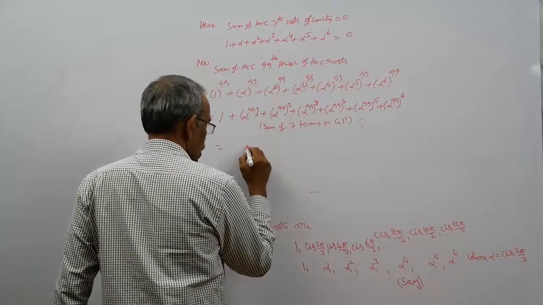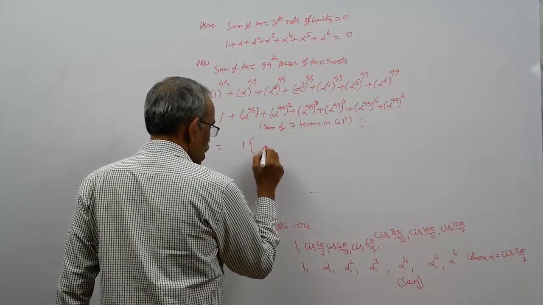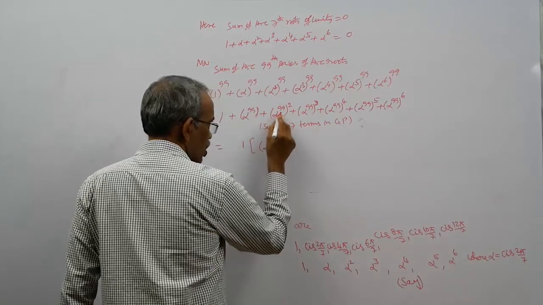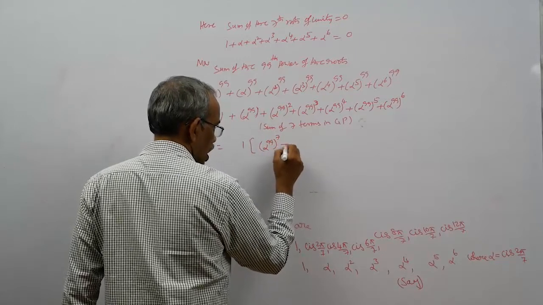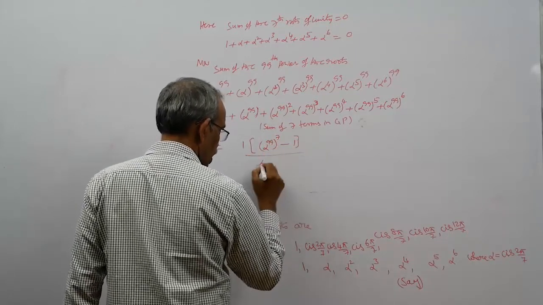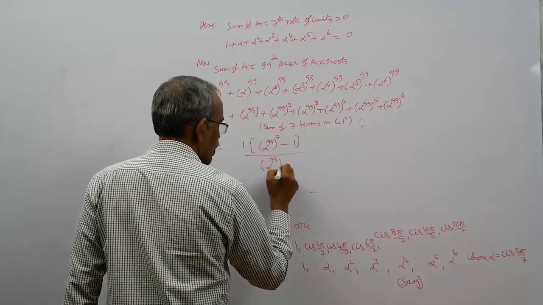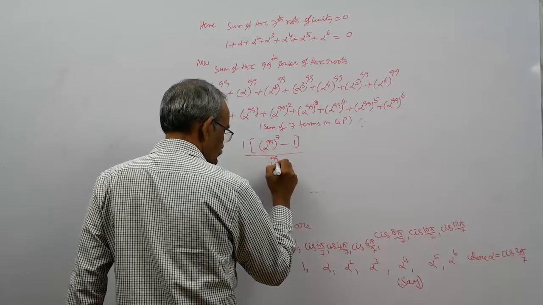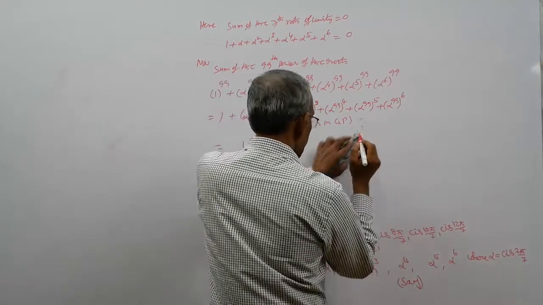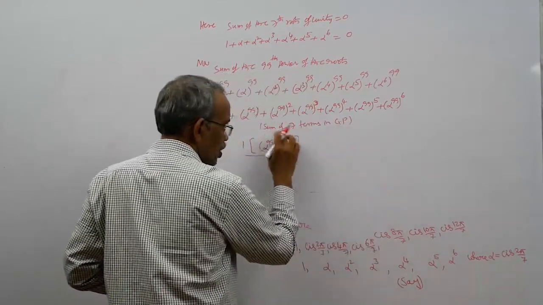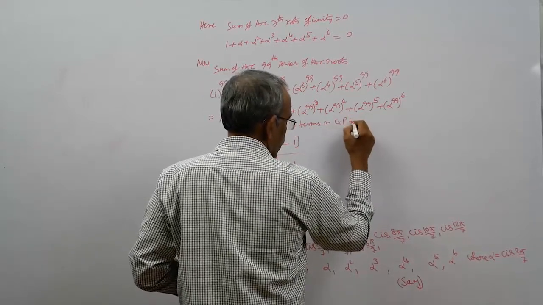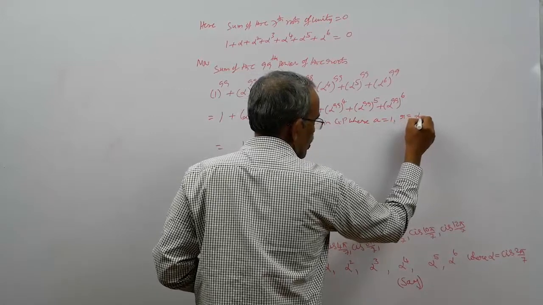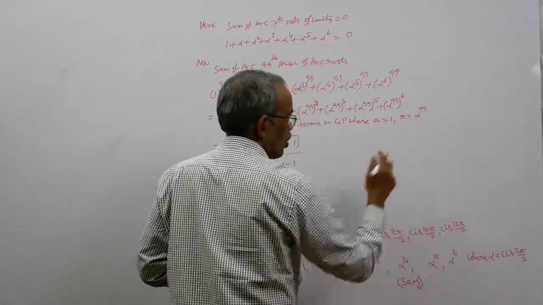The sum is A into r to the power of n minus 1 by r minus 1, where r means common ratio, alpha to the power of 99, in a GP of 7 terms, where first term A is equal to 1, common ratio r is equal to alpha to the power of 99.